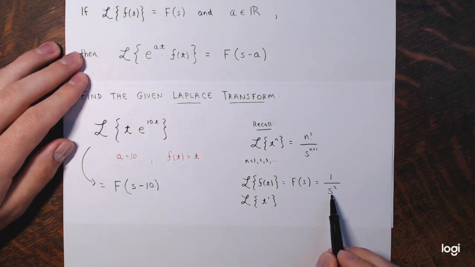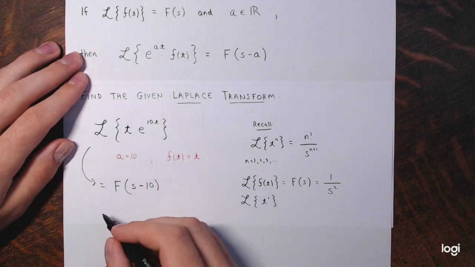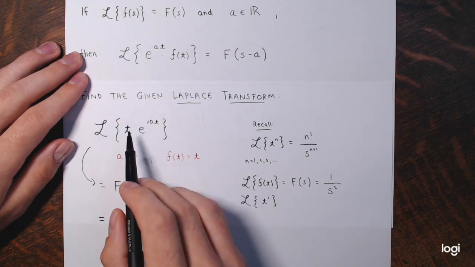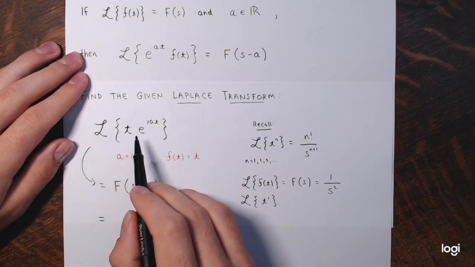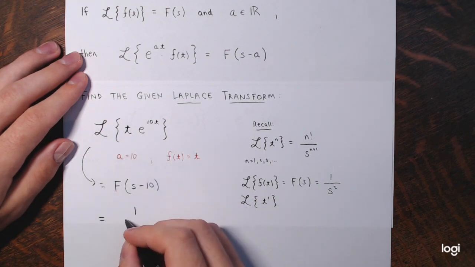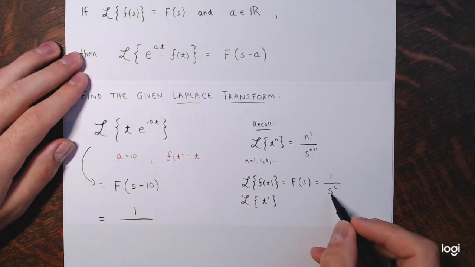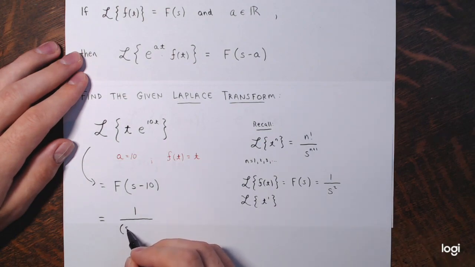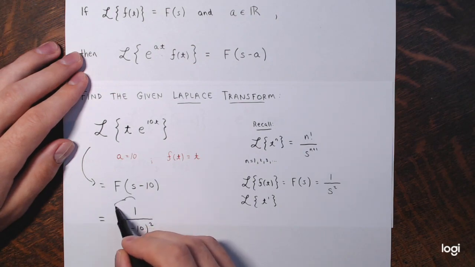So I'm just replacing s here with s minus 10. So the Laplace transform of the function t times e to the 10t is 1 over, and then instead of s squared, the quantity s minus 10 squared. And there you go.